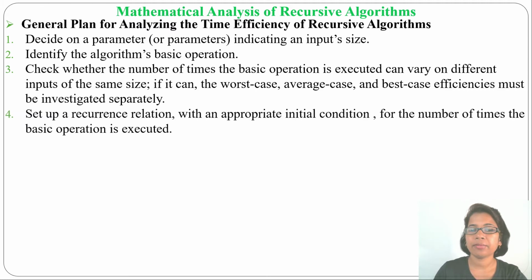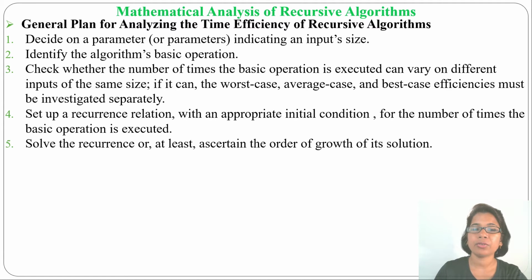Next step, set up the recurrence relation with an appropriate initial condition for number of times basic operation is executed. Next, we need to solve the recurrence or at least ascertain the order of growth of its solution. Either we'll find detailed solution of the recurrence or we'll find approximate, and from that we'll find the order of growth.